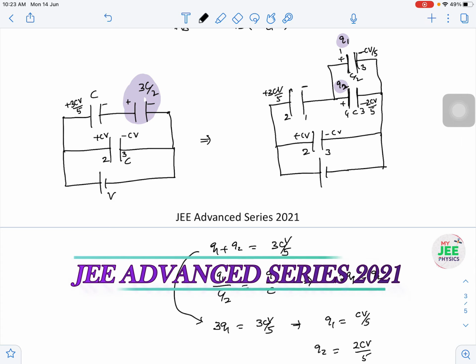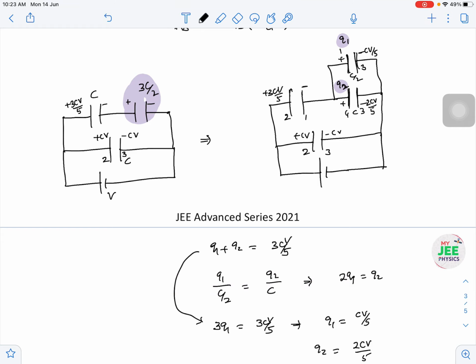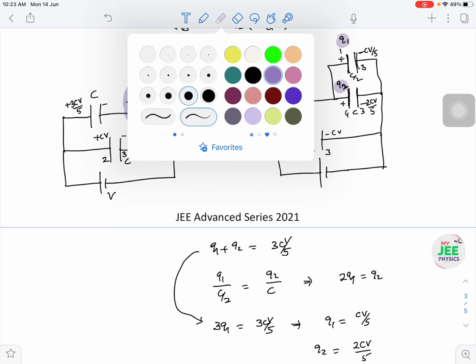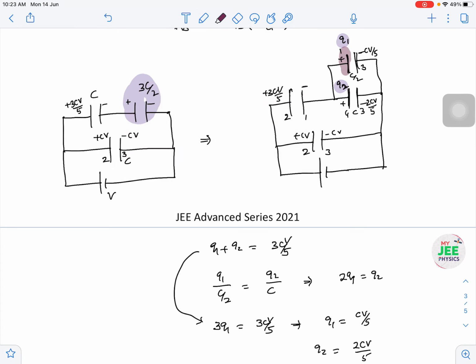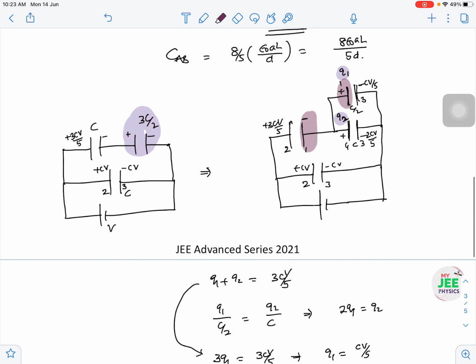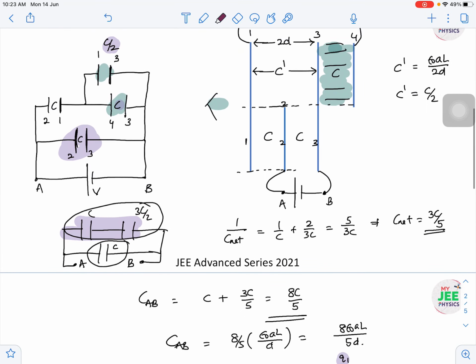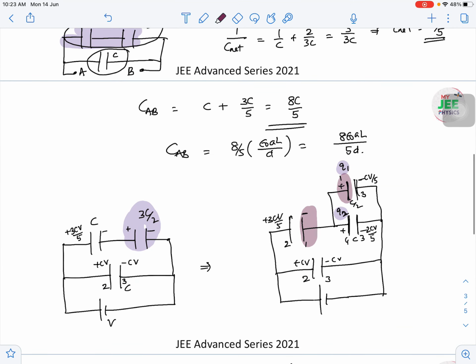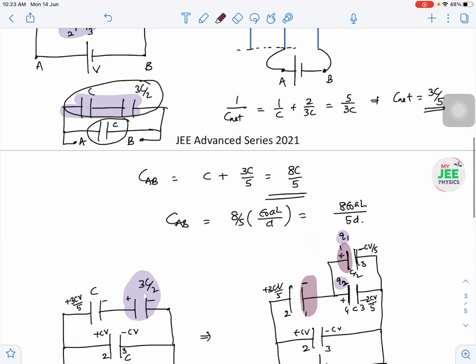Now we can find the charge on the plates. You can start with anything, so let us start with the first plate. If I'm taking the first plate, see, here how much charge will be there? Plus CV by 5. Here how much charge will be there? Minus 3CV by 5. So the first plate carries how much charge? CV by 5.